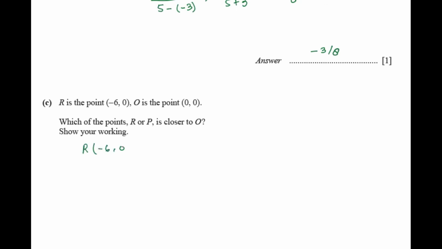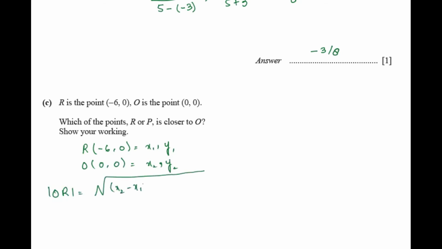First of all we will take point R as x1, y1 and the origin 0, 0 as x2, y2. Now we will find OR. The length of OR is equal to the square root of x2 minus x1 whole square plus y2 minus y1 whole square.